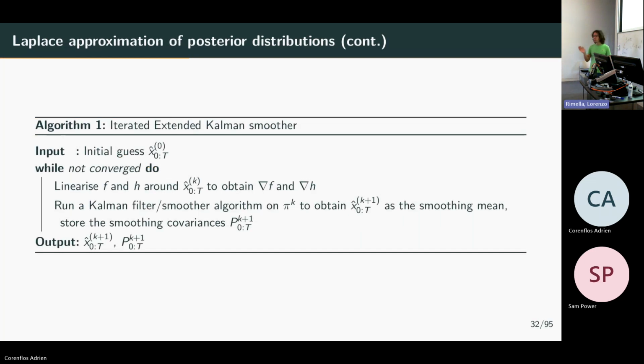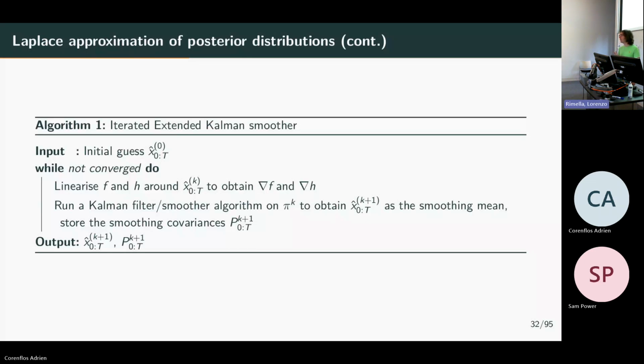You start from an initial guess, whatever you want. You linearize everything, you run your Kalman filter and your Kalman smoother, and you obtain the mean that you use as the next linearization trajectory. Then you keep the covariance to be able to get the Hessian of your Laplace approximation, which is just minus the inverse of the covariance.